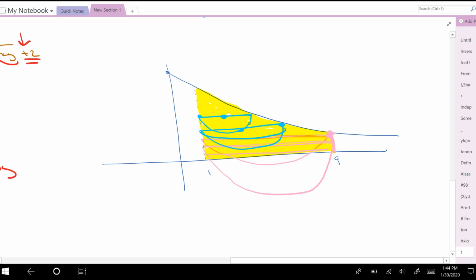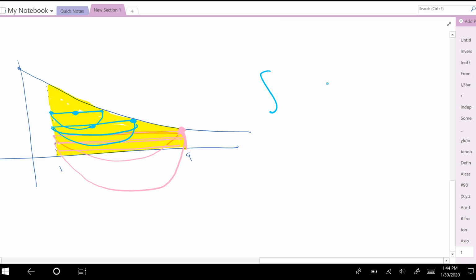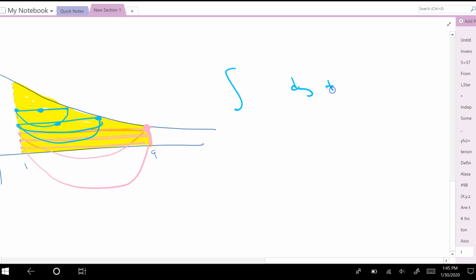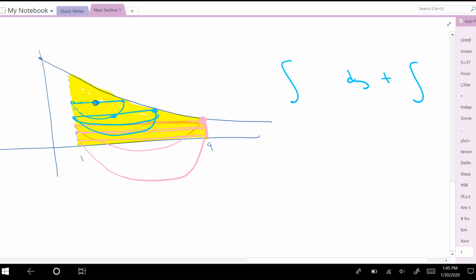Either way, if you look at the cross sections, we've got an integral in terms of y. And here's the thing: we have two integrals in terms of y. I need two because the diameter of the semicircle is defined by different curves.